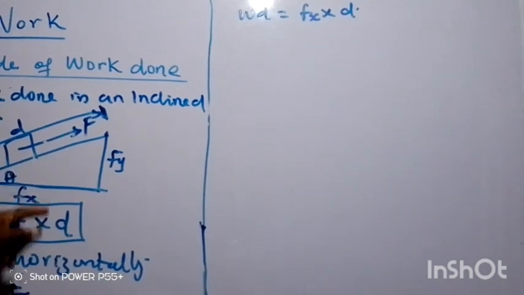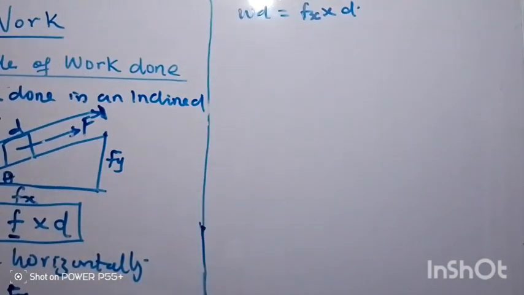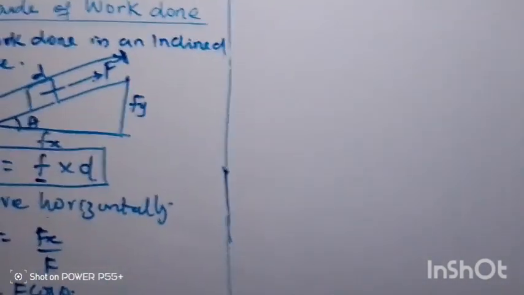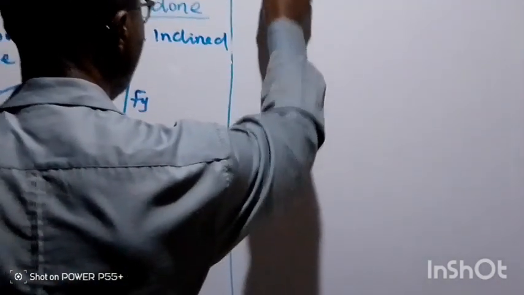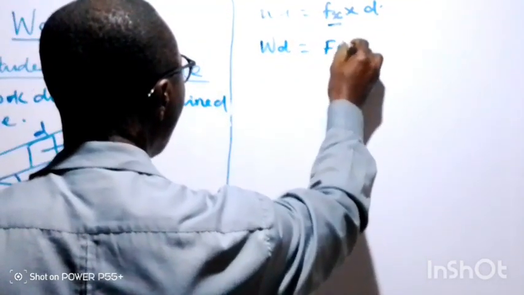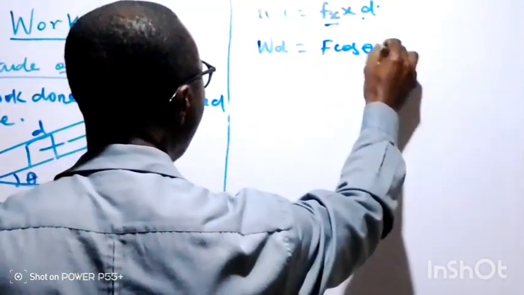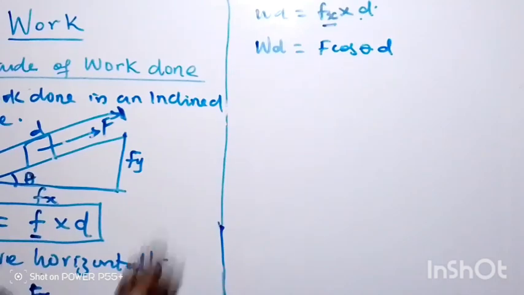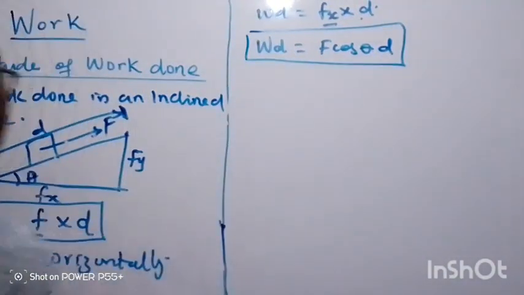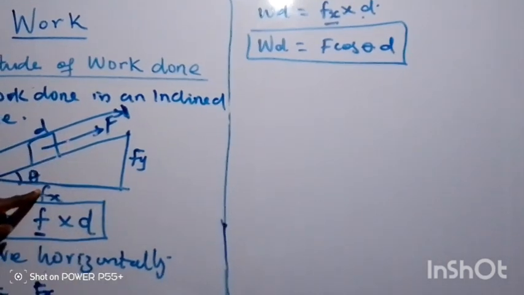For horizontal, we have our Fx to be F cos theta. Then our W, which is work done, will be equal to F cos theta multiplied by D. And mind you, it is this horizontal component that will be in the direction of the force.